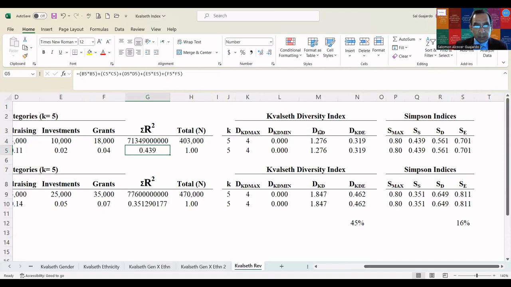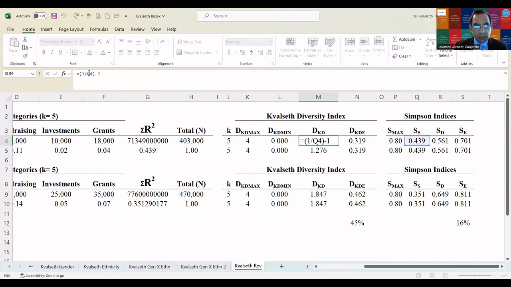Again, the Kvalseth index is based on the Simpson index. So to obtain the Kvalseth odds homogeneity value, it's going to be 1 divided by the concentration score of 0.439 minus 1. That gives me a value of 1.276. Recall that the maximum value is K minus 1. So the maximum value for the Kvalseth homogeneity index is 4.